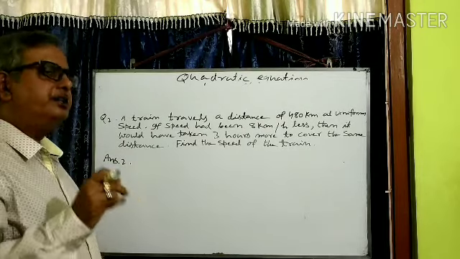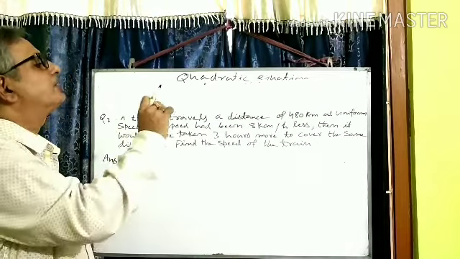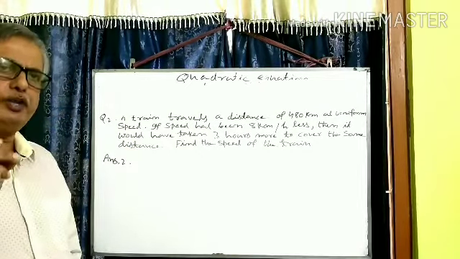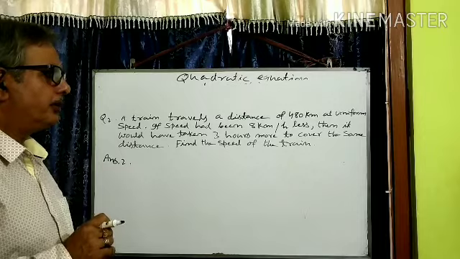A train is there. That train travels this distance with a uniform speed.